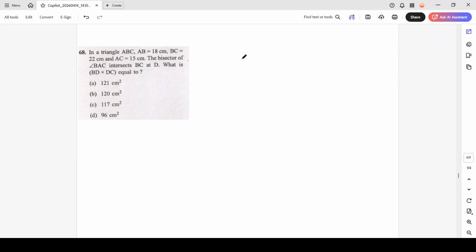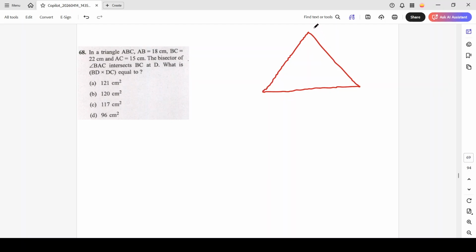In a triangle ABC, AB is 18 centimeter, BC is 22 centimeter, and AC is 15 centimeter. This is not a right angle triangle. Since the last many questions we have been given right angle triangles, I was like, let's draw a right angle triangle.